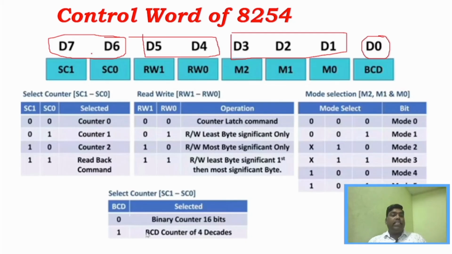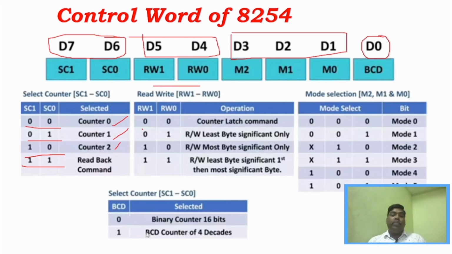Now if you see D6 and D7, it tells you which counter is going to get selected. So if it is 0 0, 0 1, 1 0, you can see counter 0 gets selected, counter 1 gets selected, and counter 2 gets selected. And if it is 1 1, it is the read back command, right? And these 2 bits tell you the read write operation.